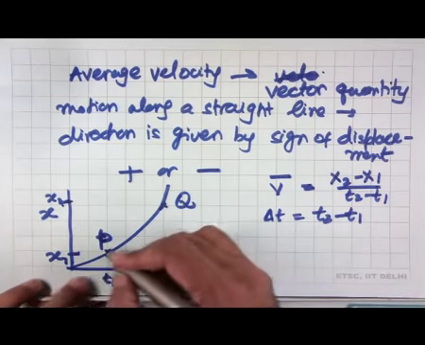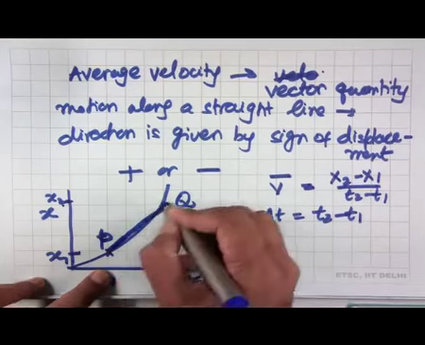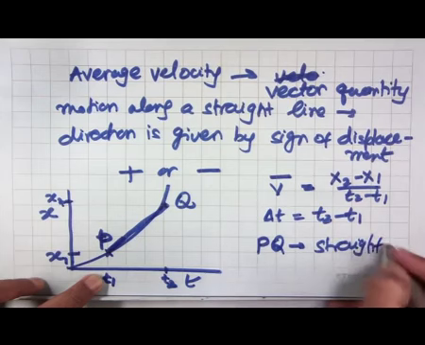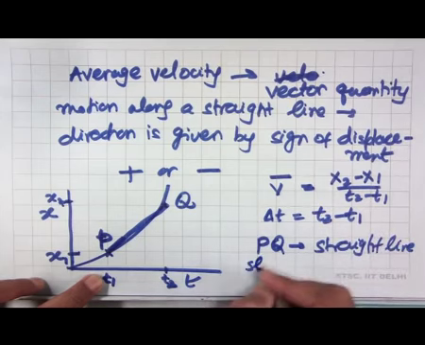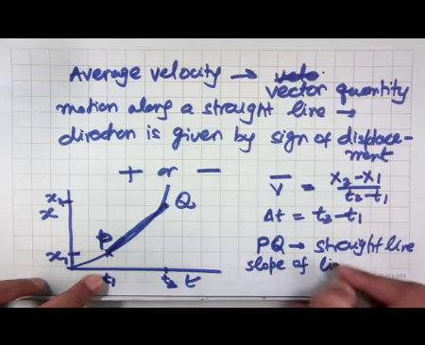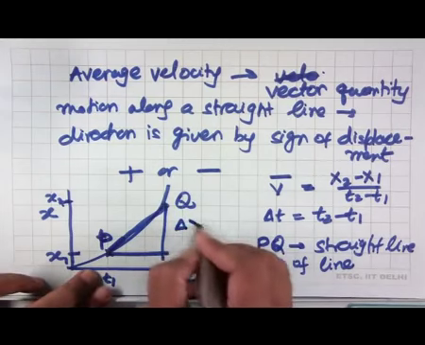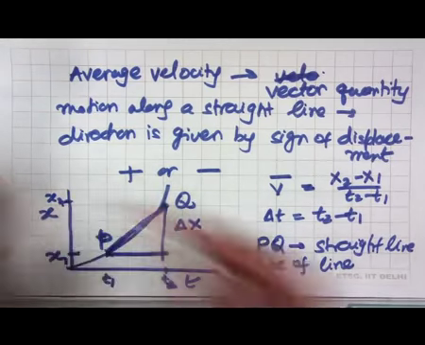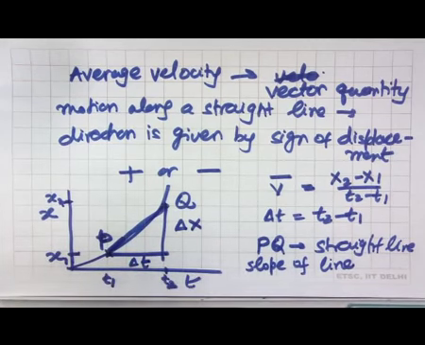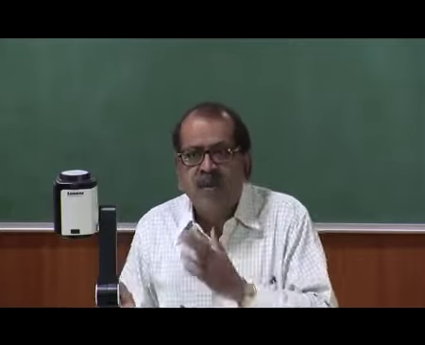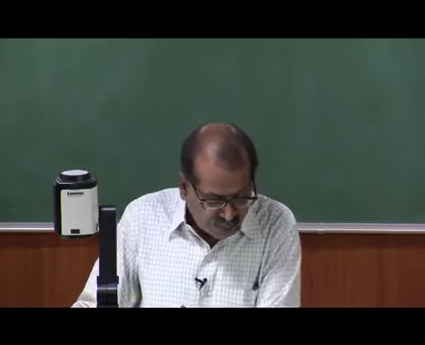Now this will be nothing but, if we make a straight line PQ, then the slope of the line PQ will be equal to the distance along the y axis, which is delta x, and the distance along the x axis, which is delta t. So the slope of the line PQ gives us the average velocity. Irrespective of the shape of the xt curve, the average velocity will be given by the slope of the straight line.